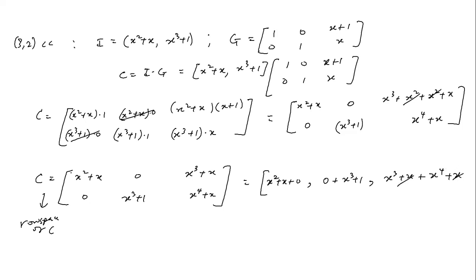Once again, by modulo 2 addition, we get rid of this. So C will be the same as x squared plus x, comma, x cubed plus 1, comma, x to the power 4 plus x cubed. That is the polynomial code word.